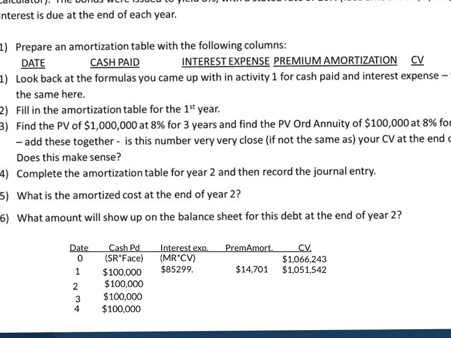So then I ask you to do the amortization table for year 2 and record the entry. So real quick, that's going to look like, if I do another year, this is rolling right along. Let's see if I can do that all at once.